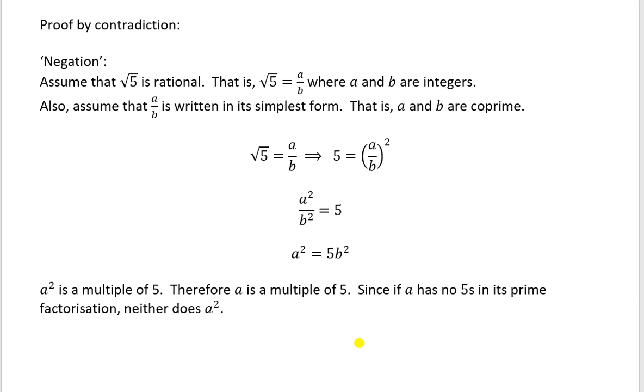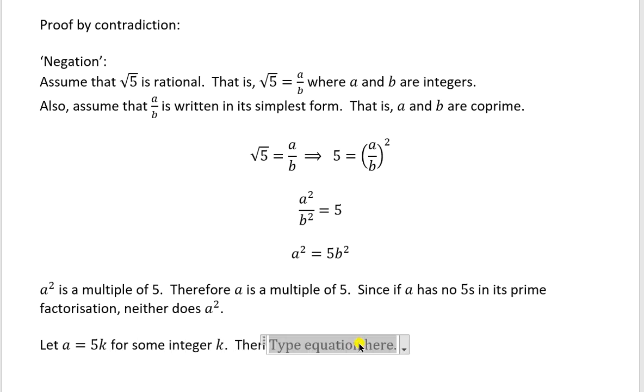Now, if a is a multiple of 5, we can replace a with something like 5k. If a is a multiple of 5, it's equal to 5 times some integer. But that means that our equation a squared equals 5b squared becomes (5k) squared equals 5b squared.